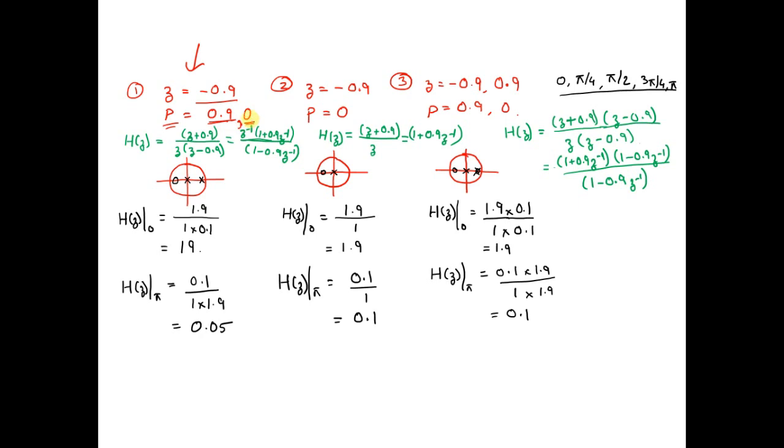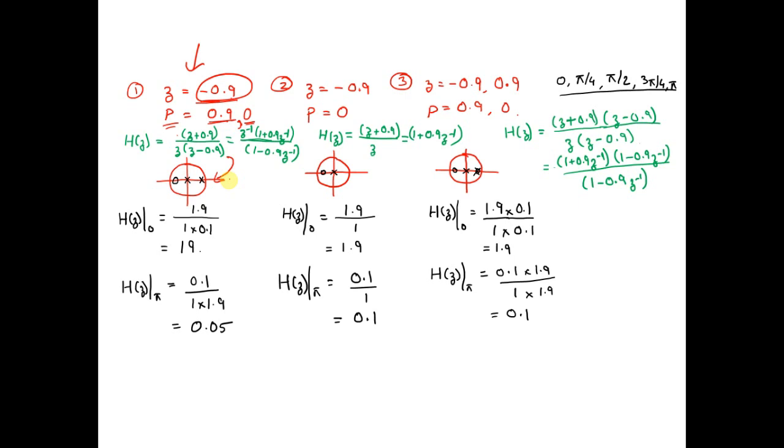How will you find the transfer function of the system? The transfer function is given by H(z) equals z minus of minus 0.9, which becomes z plus 0.9, divided by z minus 0, which is basically z, multiplied by z minus 0.9. From here we will perform the pole-zero plot analysis.